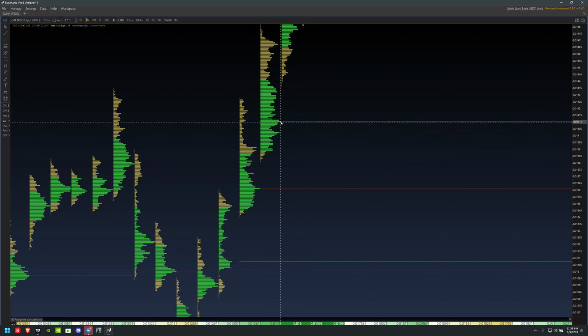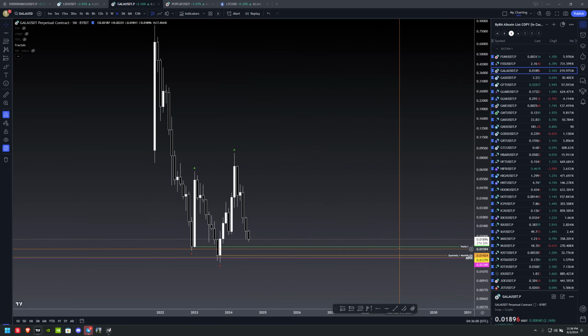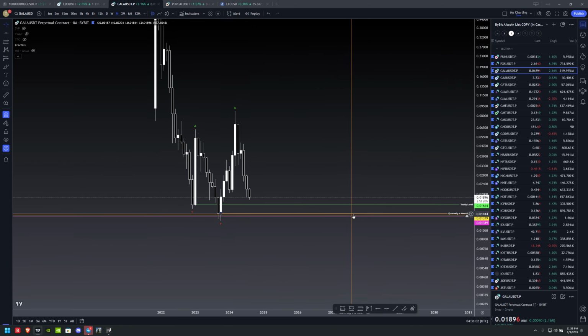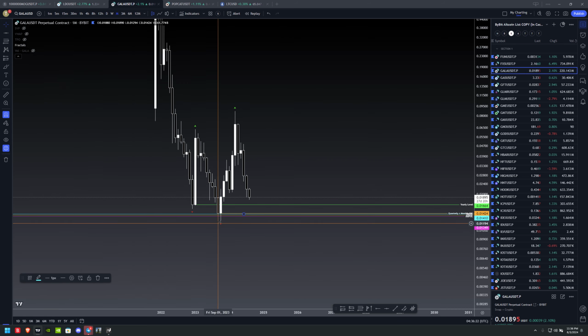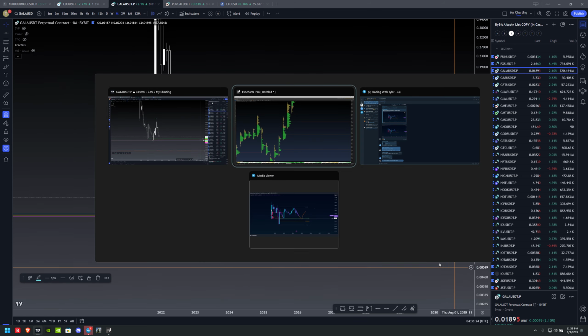Also 0.141. Yeah, good support there. That's going to be a daily naked point of control there.